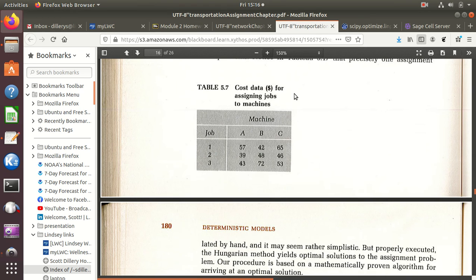Okay, so this is page 178 in chapter 5. And here they're just looking at a basic problem of assigning jobs to machines.